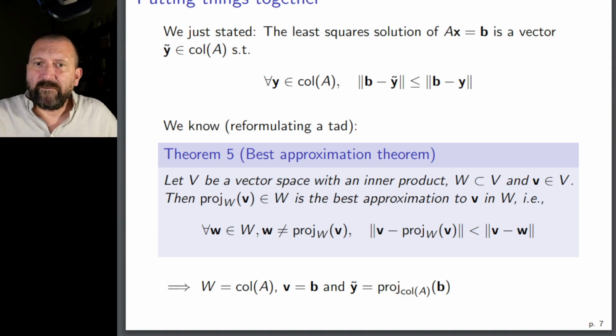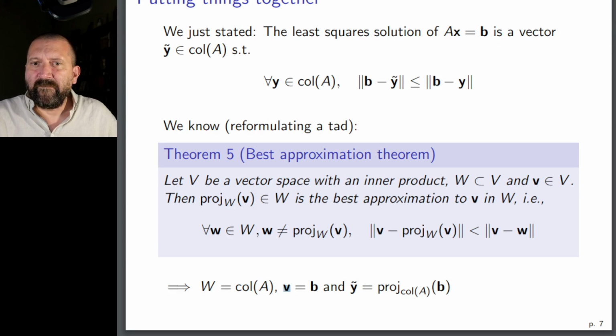So all I need to do is identify the terms in this theorem to the terms in this statement. If I want to match these two things, I have to say that W in the theorem is the column space of A.